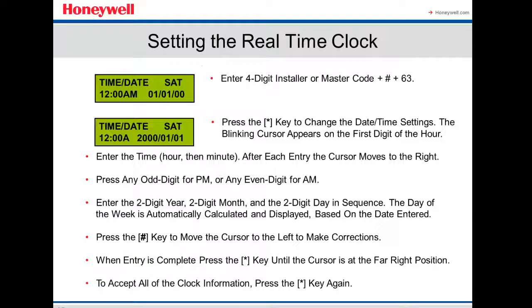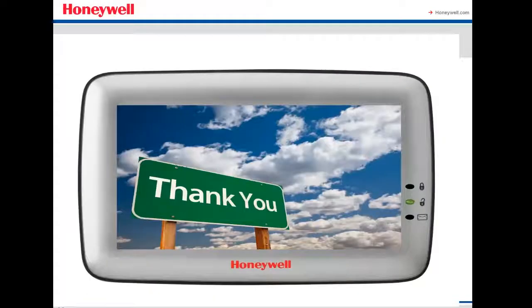So you change it, because it's going to give you something like 12:00 a.m. You change it by putting the right time and the right date. And then at the end, when you finish, you press the start key and you save it. This is everything for VISTA-20, which is also very similar to the VISTA-21iP and the VISTA-40.